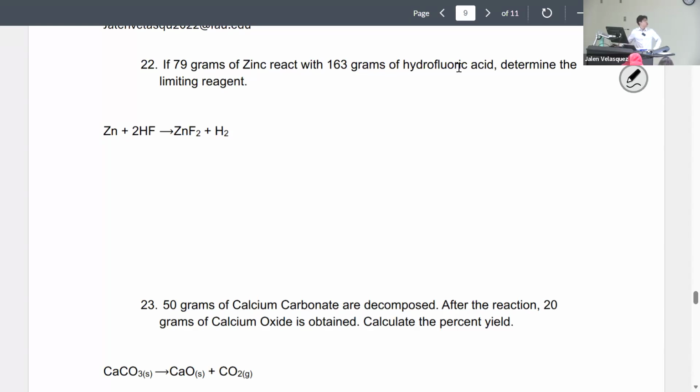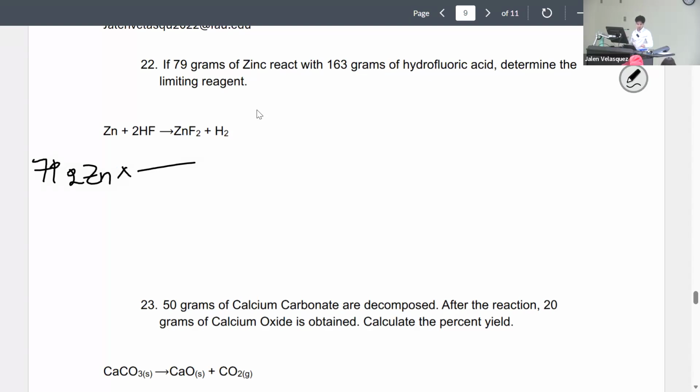Whatever the limiting reactant is, it's going to limit both the products. So if it doesn't say, you can convert to either one. But when I did it, I just did it to the H2 because the molar mass is easier. We have 79 grams of zinc.